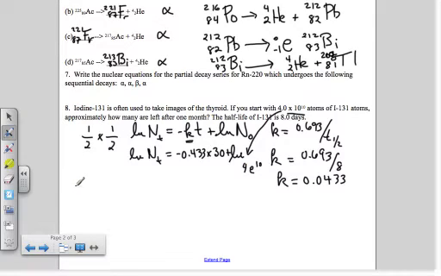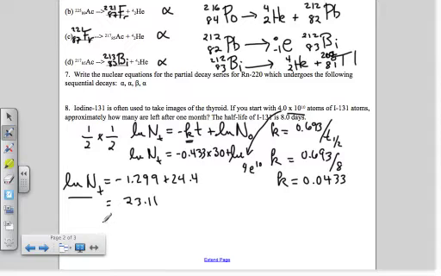So collecting some terms, natural log of N at time t equals, multiplying those two things out, negative 1.299 plus, when I take the natural log of 4 times 10 to the 10th, I get 24.4. When I collect those two terms, I get 23.11. Now, in order to simplify this, I have to take the anti-log of both sides, the same thing I would do if it were a log.